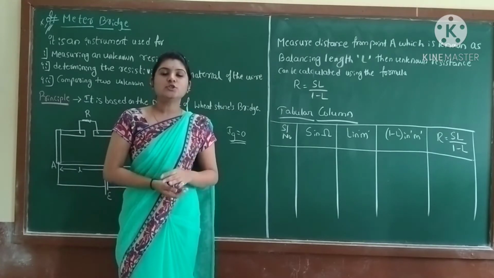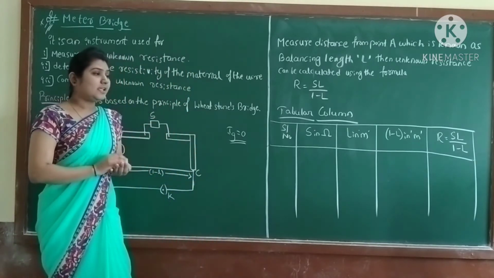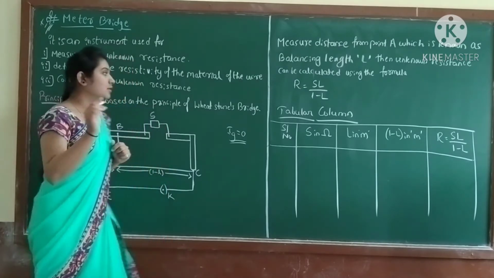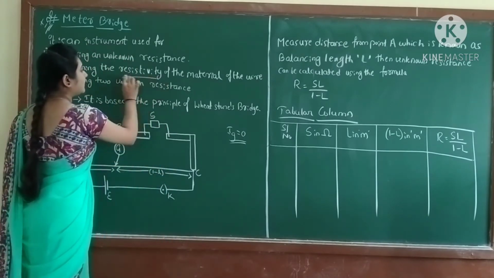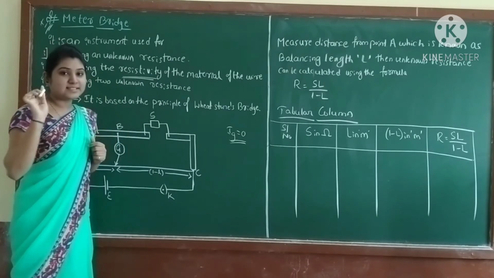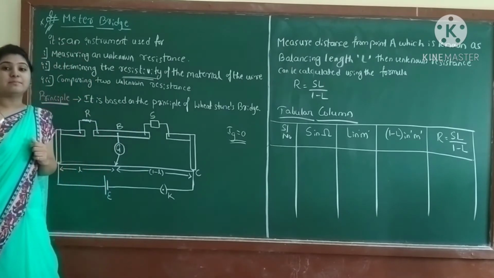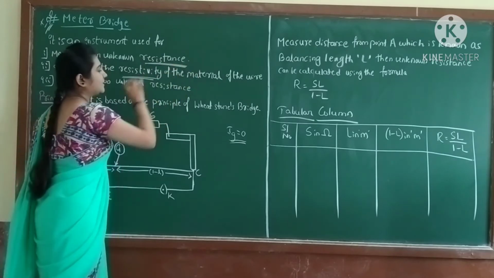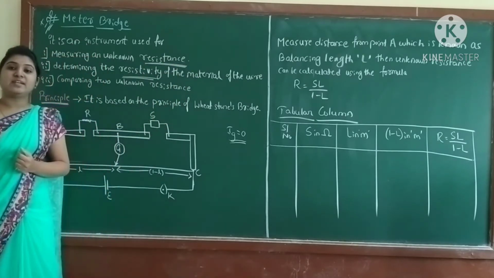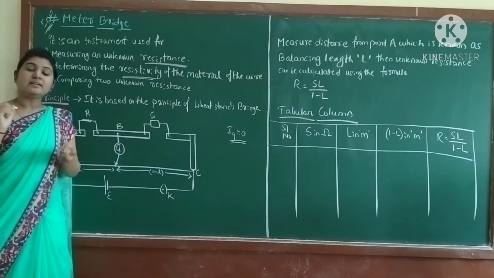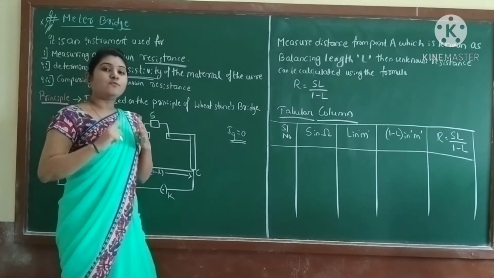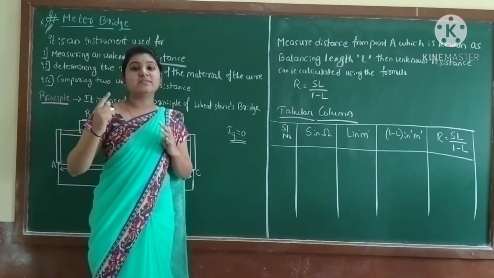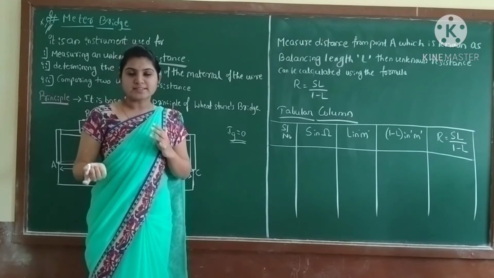So students, here I will give you one homework. Just Google it: what do you mean by resistivity and what do you mean by resistance? And also see on what things the resistivity depends.